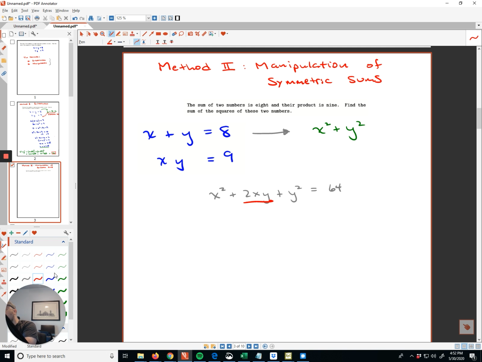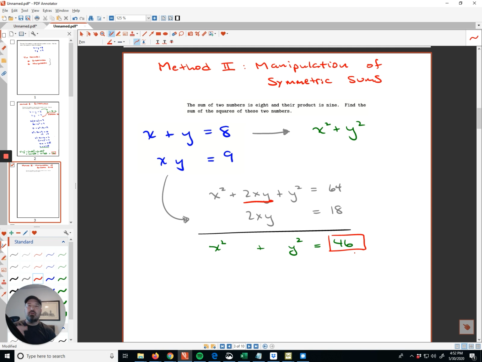But lo and behold, we can now make use of our second equation. If we multiply that equation by 2, we get 2xy equals 18. Now we subtract. x squared plus y squared equals 46. And we have our same answer again.